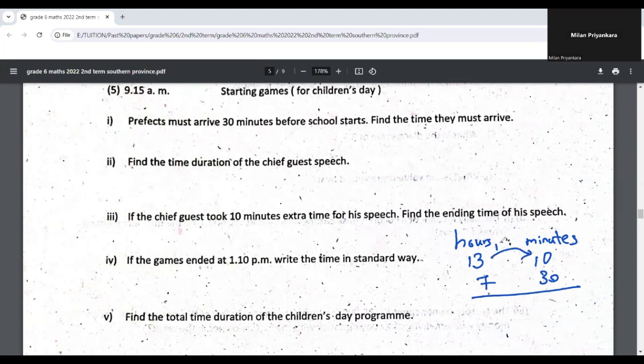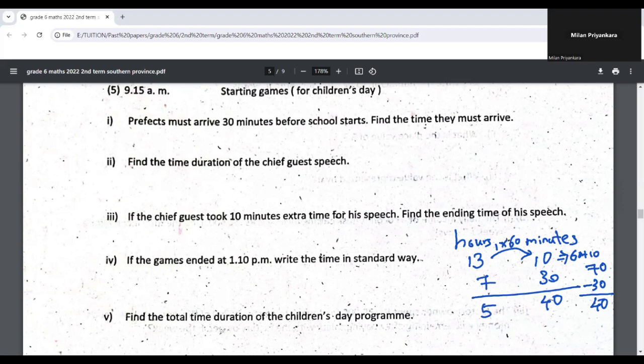So you take 1 from here. 1 means 1 into 60, so 60 plus 10 is equal to 70. Now 70 minus 30 is equal to 40, so your minutes will be 40. Now this is 12, and 12 minus 7 is 5.